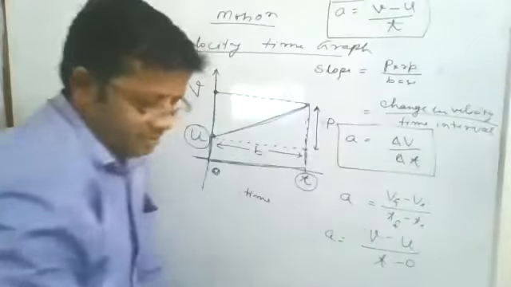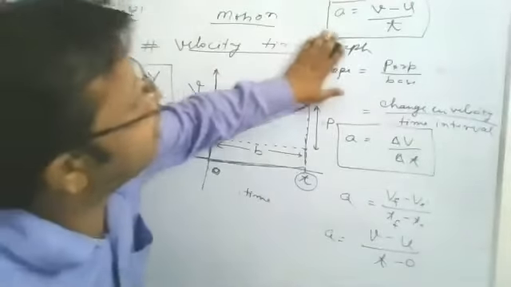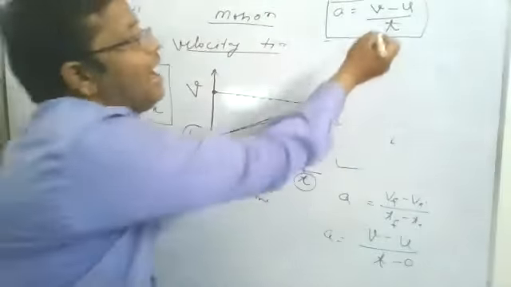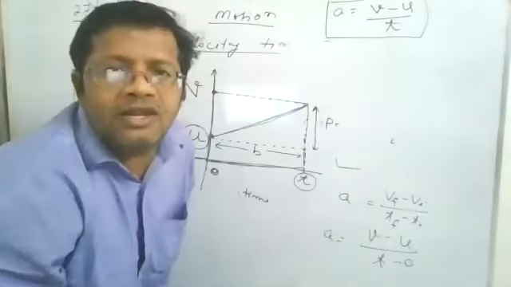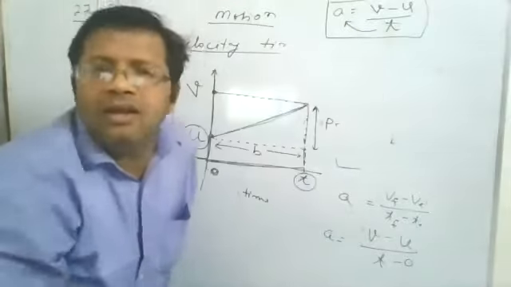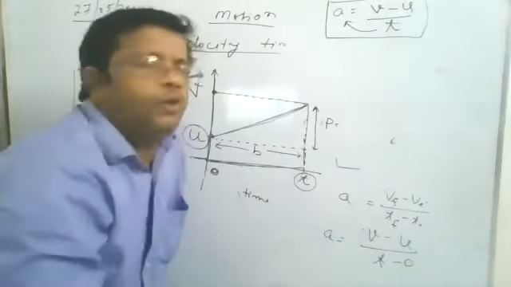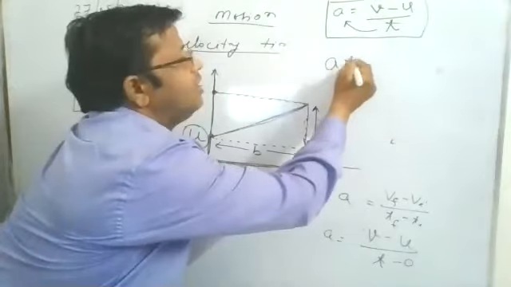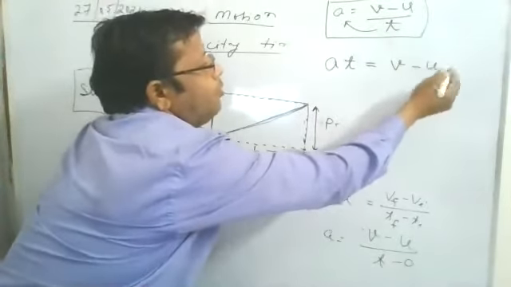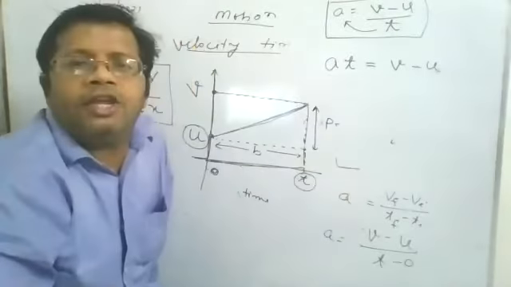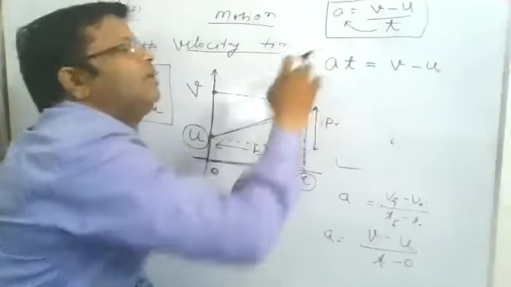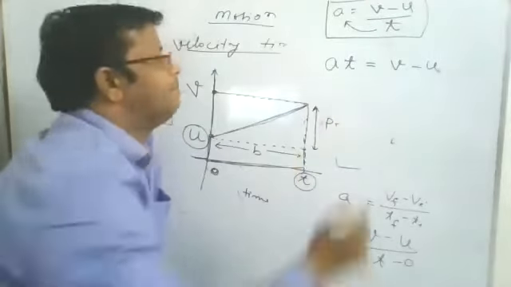If you see here, further you move down, we can write time in the denominator. When we take it this side, what will we write? A into T, AT. On the right side, V minus U. So AT is equal to V minus U. The minus sign, U comes this side, it will be plus.